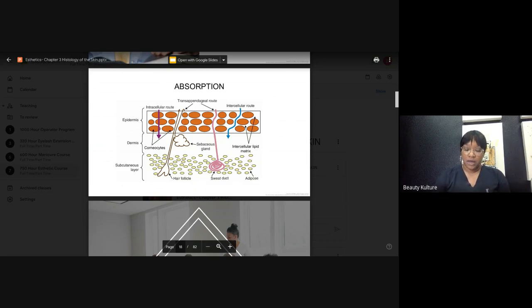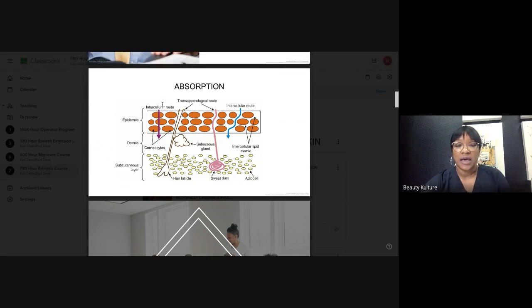The first route of absorption is intracellular. As you can see on the screen, the intracellular route means that our skin is going to absorb products through the cells. Those products are going to penetrate the cells. We also have a transappendigeal route of absorption.